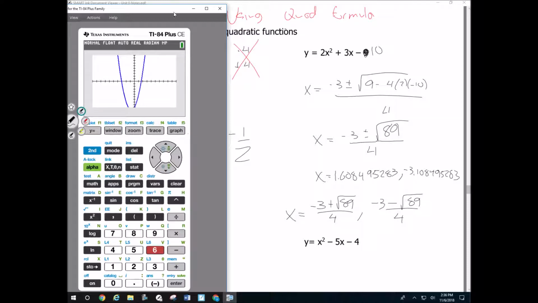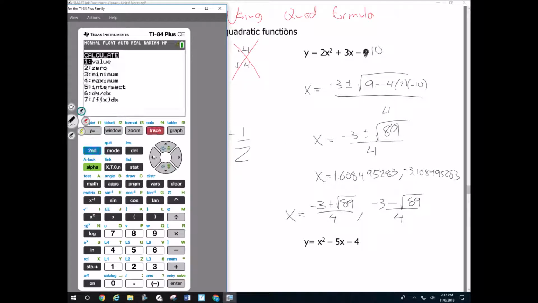Okay. We're looking for these zeros, right? I'm hoping this is negative 3.1. This is like 1.6. I could calculate a zero as long as I go to the left of it and to the right of it. My calculator will find negative 3.108495. That's what I have right there.